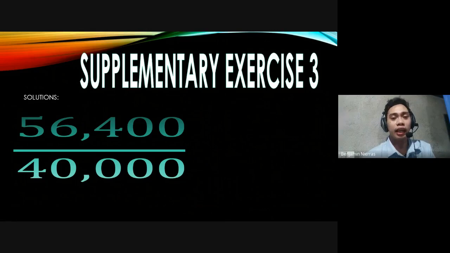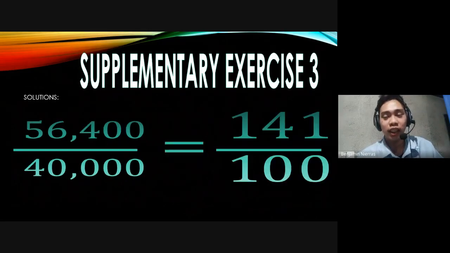And get the greatest common factor, so that we can divide 56,400 and 40,000 by their greatest common factor, which I think is 400. 56,400 divided by 400 is equal to 141. If you can't do it mentally, you may use your calculator. And 40,000 divided by 400 again will be 100.